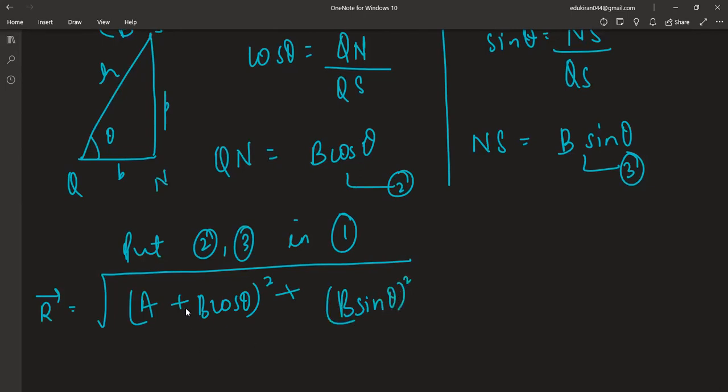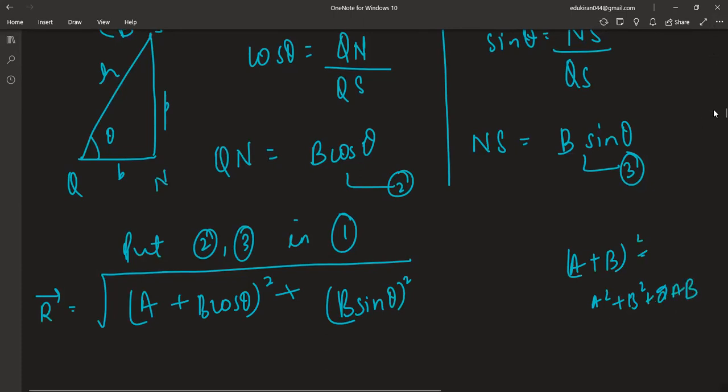Now what do we have? We have A plus B whole square identity. Remember A plus B whole square, you must have done it: A square plus B square plus 2AB, the same identity, right?